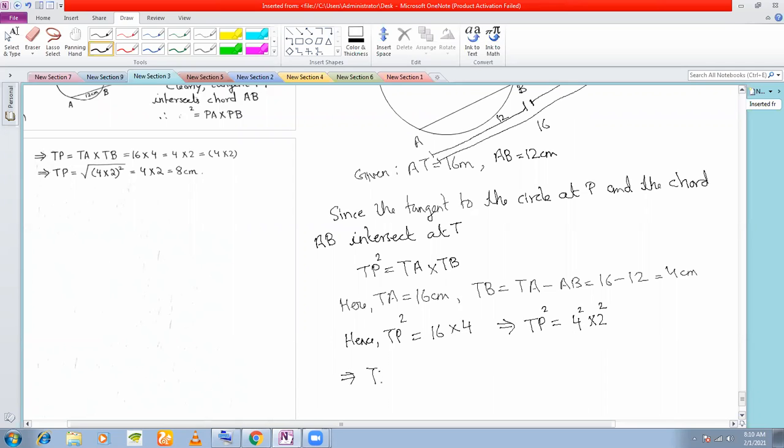That means TP is the square root of 4 square into 2 square, which is equal to simply 4 into 2, which is equal to 8 centimeters. That's it. Or you can multiply, get 64, take the square root of 64 to get 8 centimeters.